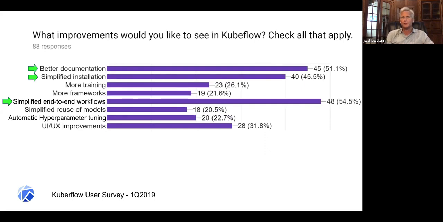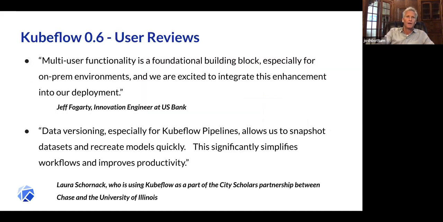And then what improvements would you like to see in Kubeflow? On simplified end-to-end workflows, obviously getting the products into production faster, better documentation, and simplified installation. So again, reiterating the themes that we saw at the very beginning.